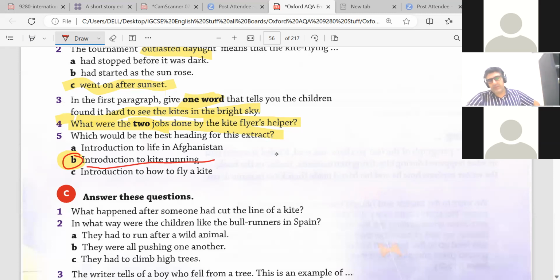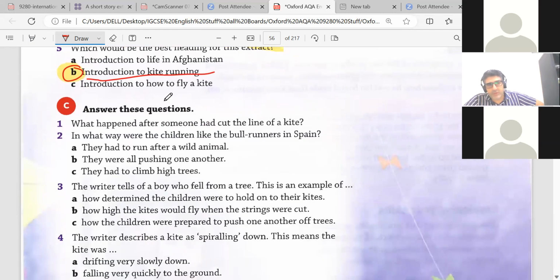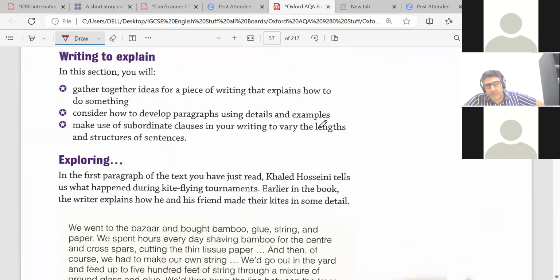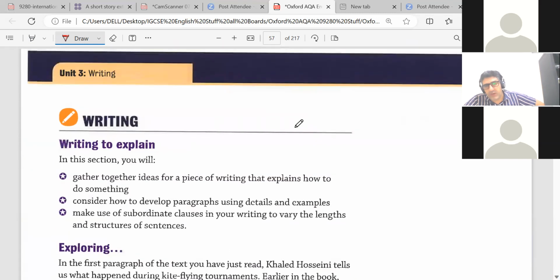Okay, Shabab. So again, your homework, please complete exercise C. In this unit, we still have 1 task only. So tomorrow, inshallah, you have just maybe a 45-minute lesson, a very short lesson, to complete the last part, writing to explain. One of the most important skills in writing, as we did in our previous unit, how to write to inform.